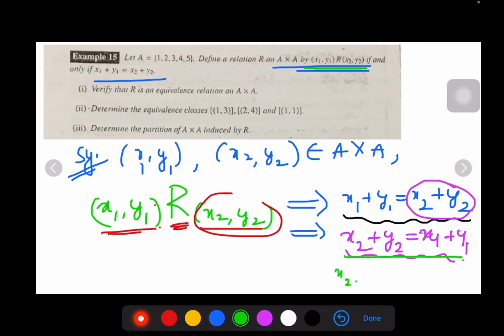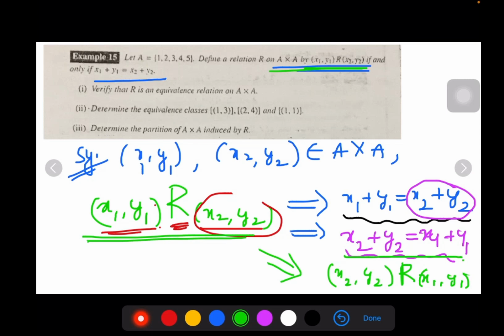Therefore, (x2, y2) is related to (x1, y1) as per the given definition. We started with this and proved that the second element is related to the first element. If A is related to B, in the symmetric property you have to prove B is related to A. That is what we are proving here. In place of A, you have (x1, y1), and in place of B, you have (x2, y2). I hope you understood this statement and explanation. Therefore, it is satisfying the symmetric property also.